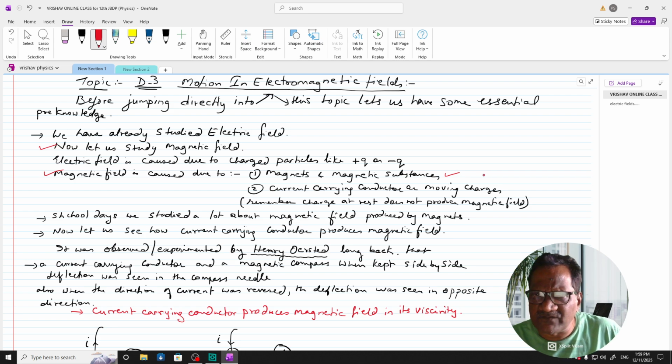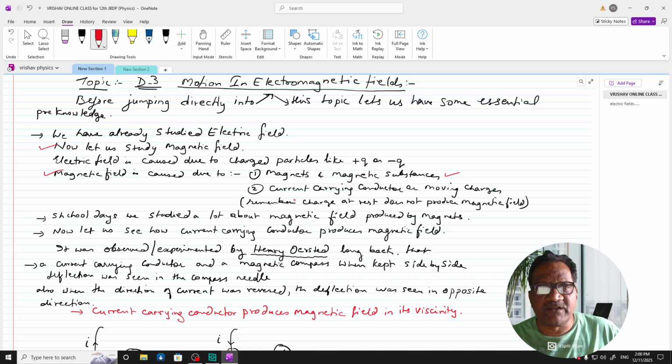So magnets are one of the biggest sources of magnetic field. You will always find a magnetic field surrounding a magnet, whether it's a bar magnet, a horseshoe magnet or a magnetic compass.